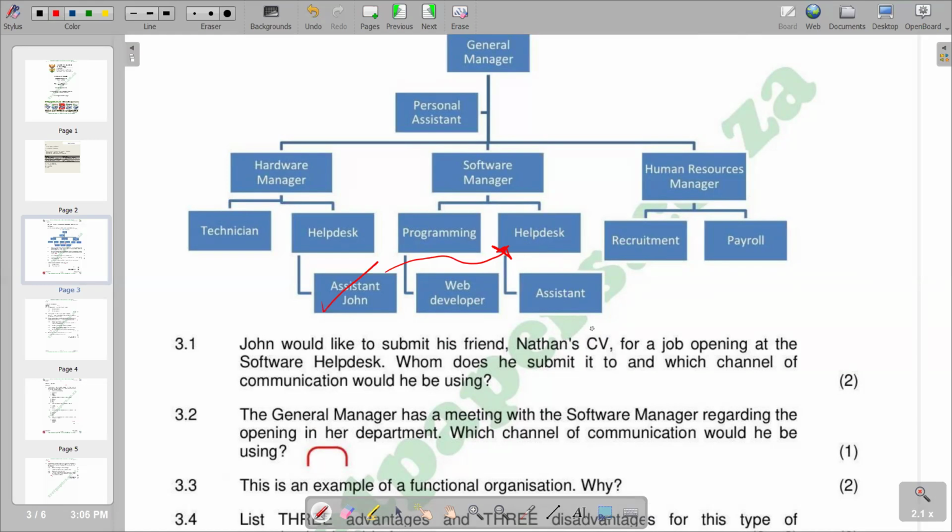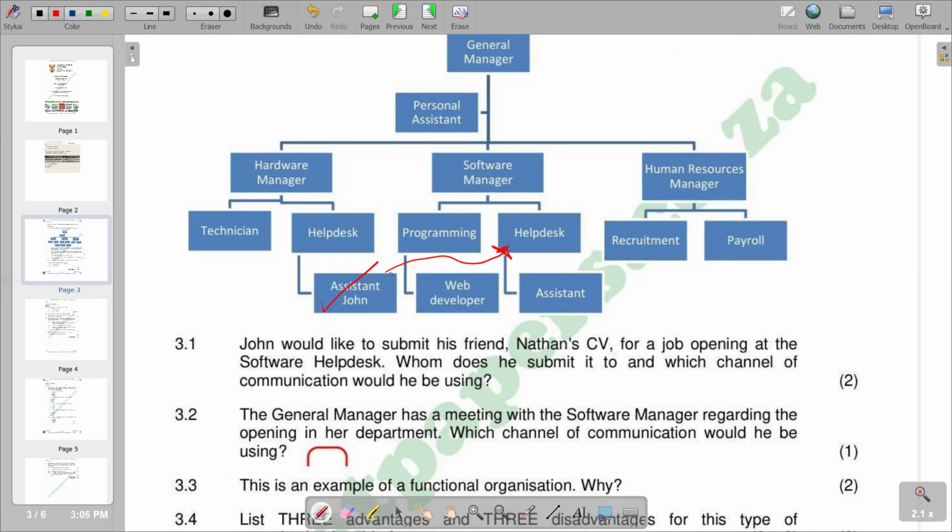Then they are asking which channel of communication would he be using? You'd see that John is crossing departments. Remember, John is under the hardware, if you look at the structure of this organogram, but he is going to the software department.